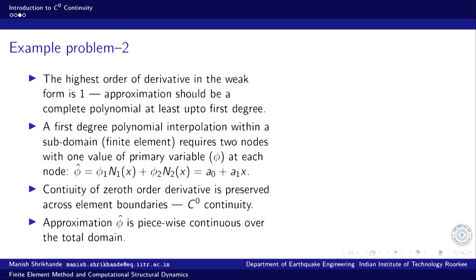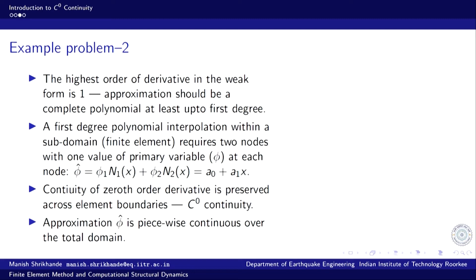And the approximation phi hat is piecewise continuous. It is continuous over an element, it is continuous over the next element, and at the boundary between these two elements the function value is continuous. The compatibility of the approximation, the primary variable phi, is retained, but the gradient may not be; there is no constraint on the gradient.